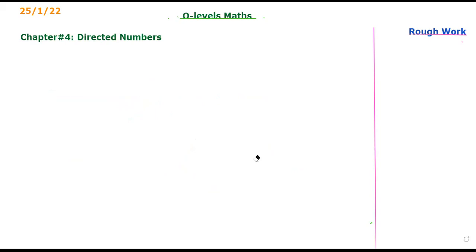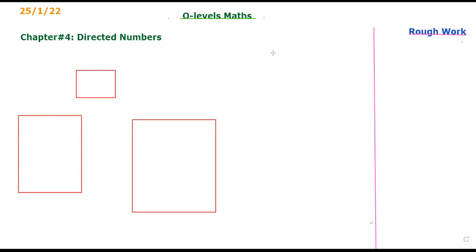Right, so we have, okay. So let's say we have directed numbers and we are adding. We are adding two directed numbers. Now, obviously, we have two options.